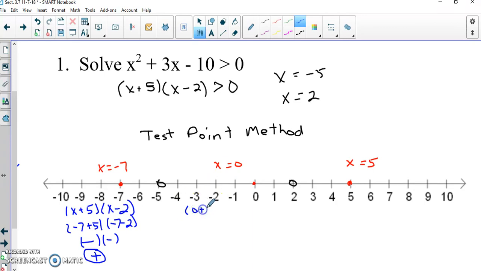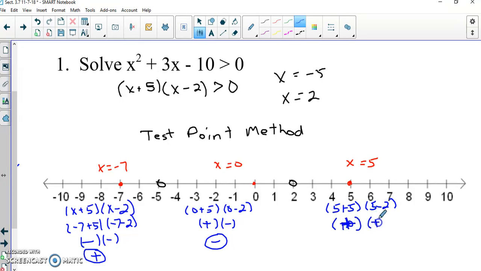I got 0 plus 5 and 0 minus 2. And 0 plus 5 is a positive. 0 minus 2 is a negative. So in the end, it will be negative. And so I'm going to plug in 5. 5 plus 5 and 5 minus 2. 5 plus 5 is 10, which is positive. 5 minus 2 is positive, so in the end that is positive.